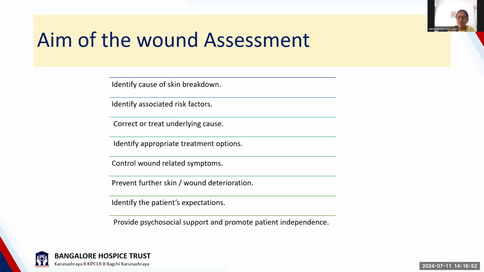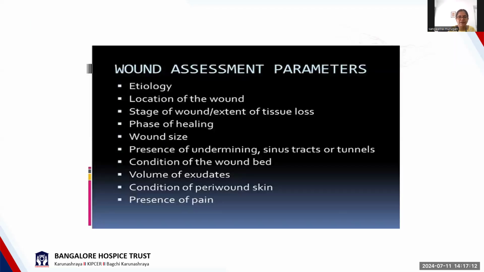So the goal here is maintenance, right? The wound should not deteriorate further. What is the patient's expectation and how much can we provide? Psychologically, you make the patient know they are supported and give them what they want. The overall principle of palliative care here is patient-centered care.